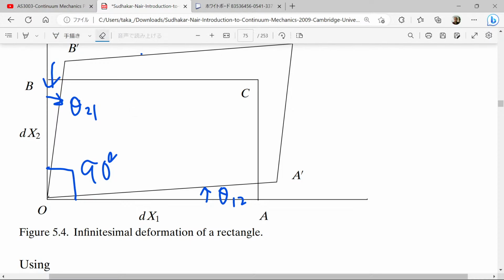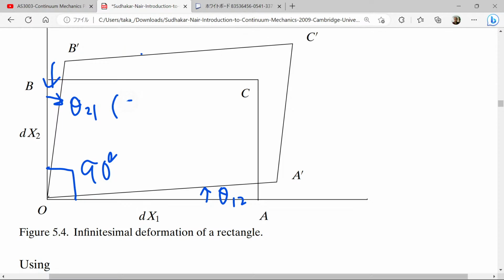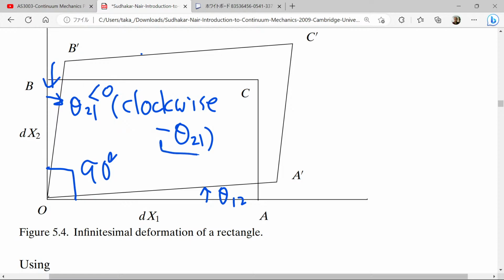This is like clockwise direction. If we consider the clockwise direction, this is minus theta 2, 1. So this is negative, and this one is positive because this is the clockwise direction.